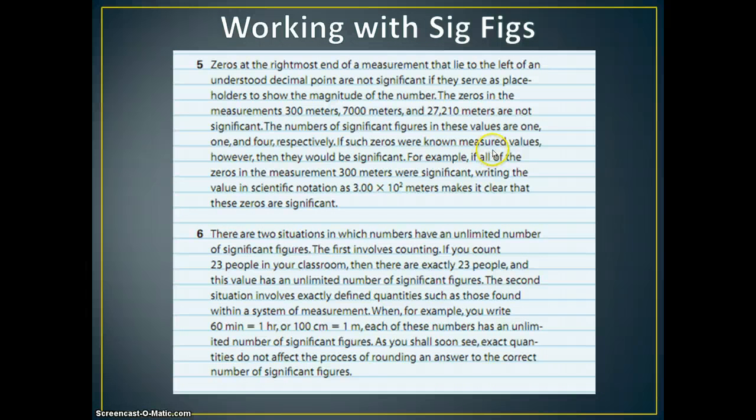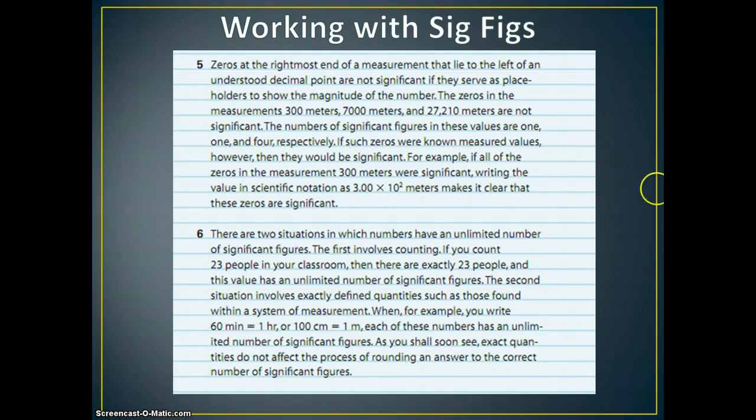Rule number 5 says that if I have zeros that are occurring after a true number before a decimal, they may or may not be significant. We really don't know. A number like 300, for example, could be 300 and be all 3 significant numbers, or maybe I'm guessing that it's 300 and the last 0 is a placeholder, or maybe the last 2 zeros are placeholders.